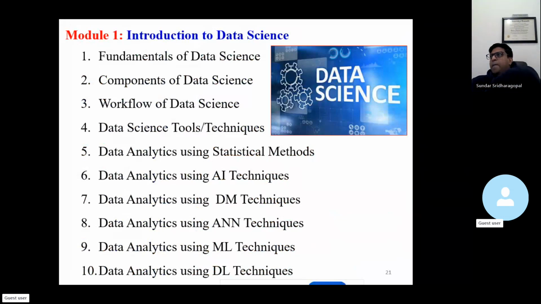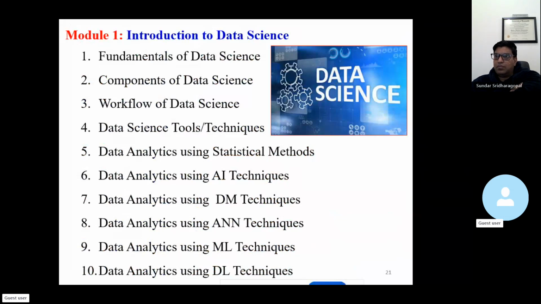In classification techniques, we are using Bayesian classification, SVM classification, random forest classification, AdaBoost classification, etc. In clustering, we are using k-means clustering, fuzzy c-means clustering, agglomerative clustering, density-based clustering, etc. In association rule mining, we are using the Apriori algorithm and the frequent pattern growth algorithm, etc. In outlier detection, we are using various outlier detection techniques.